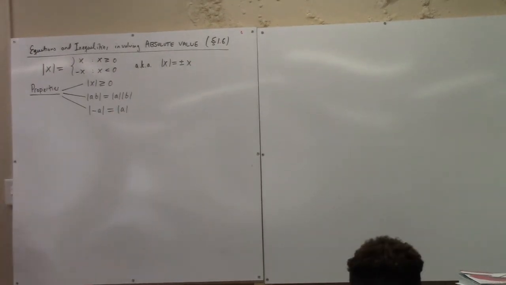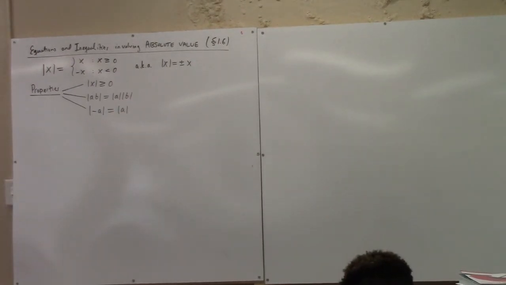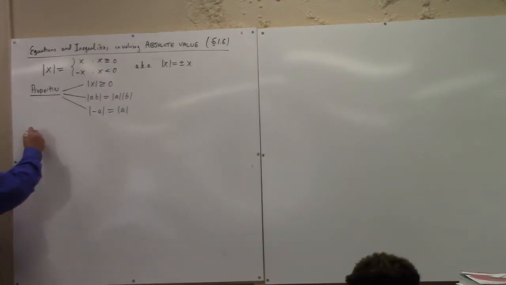These are properties of absolute value we should keep in mind. We're also going to be talking about solutions today and solution sets. Solution sets for inequalities, solutions for just equations. So let's get to work on our examples here.